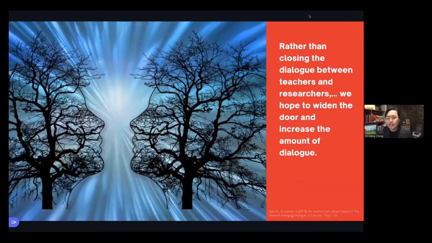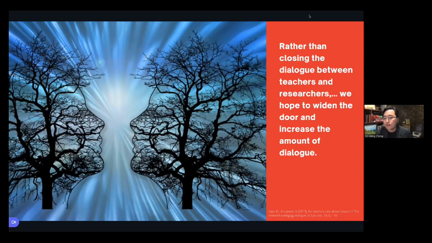Then how about researchers' perspective? Just now we looked at what teachers think of research and whether they want to engage more with research. From the perspective of L2 researchers, researchers are also very eager to engage in dialogues with teachers.